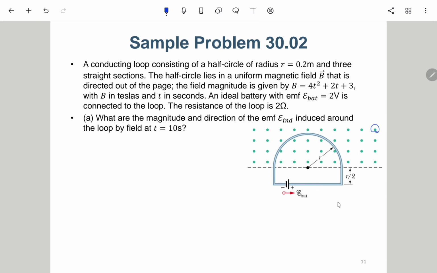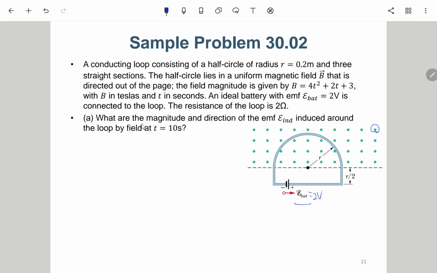This is the E bat, which is 2 volt, an ideal battery with EMF E. The resistance of the loop is 2 ohm for this whole loop.